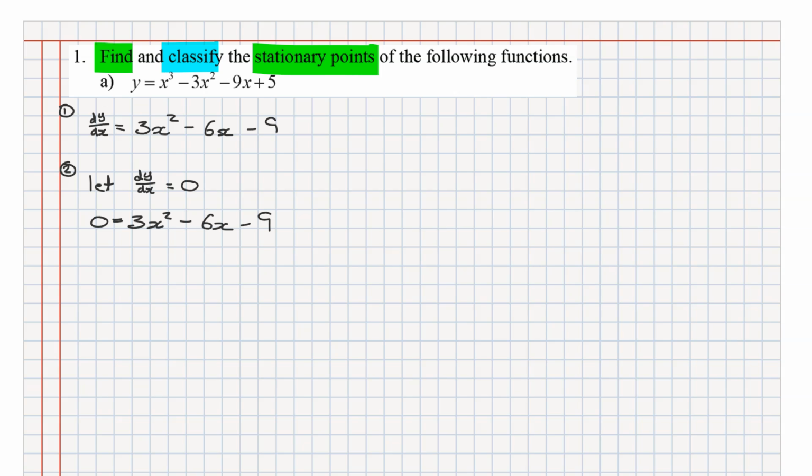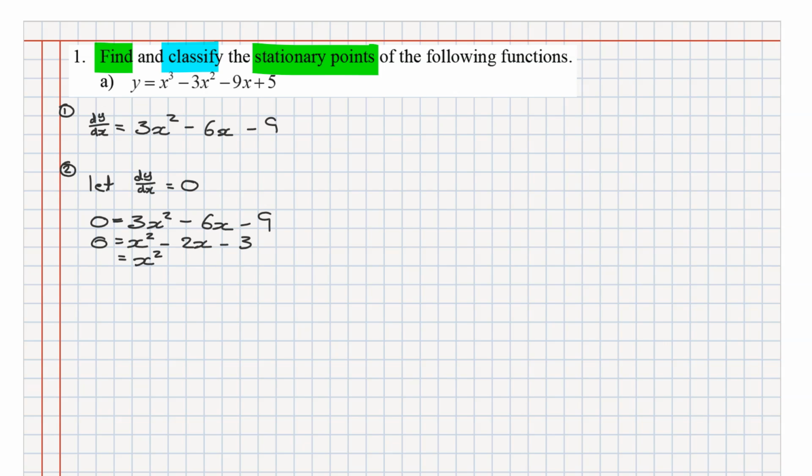Right, we've got one equation and one unknown. Solving for x, firstly we'll divide through by 3 to get rid of the non-monic component. Now we'll solve for x.